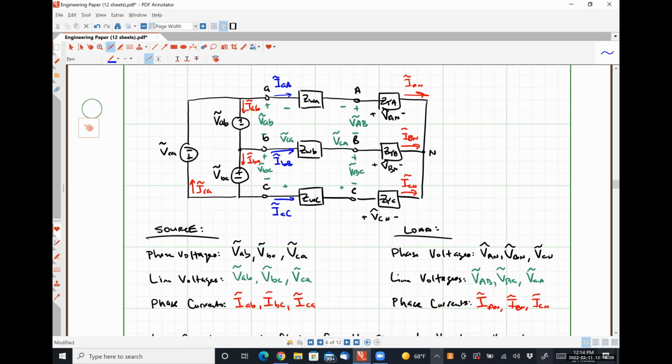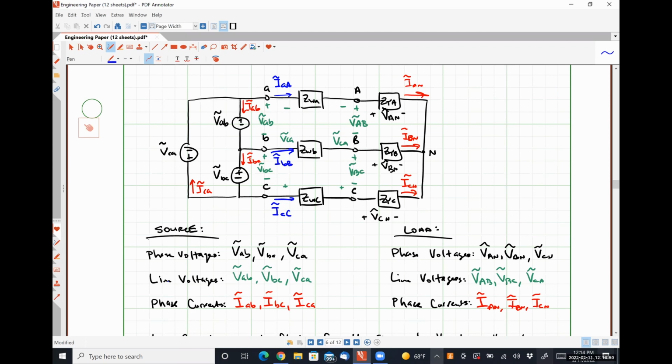So if we look at this diagram, the impedance ZWA looks like it is in series with impedance ZYA, and therefore our line current IAA is the same as our phase current IAA.